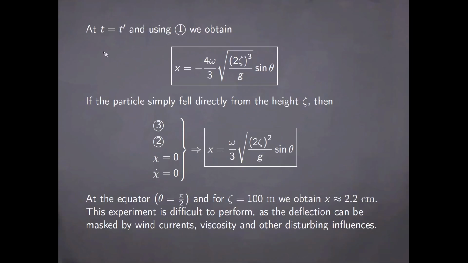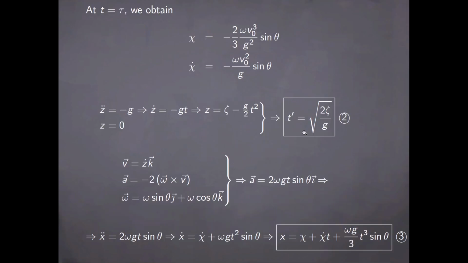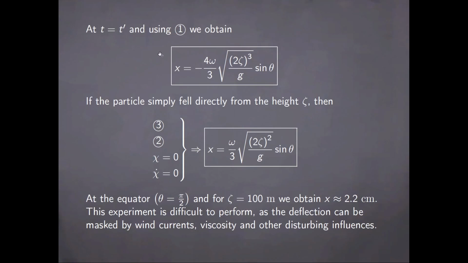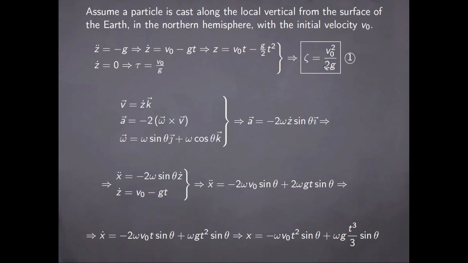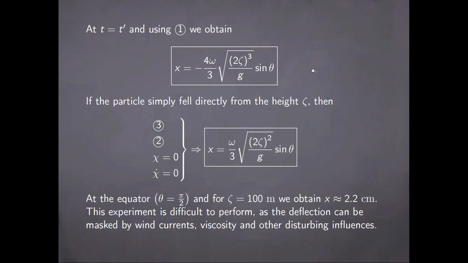So if we now put the t prime value of the time, so the value at which the particle has returned to the surface, and we use the result 1, we obtain the final expression of the total deflection along the x-axis for a particle that was launched in Earth's atmosphere and then came falling back down, to be the expression here in terms of known constants.